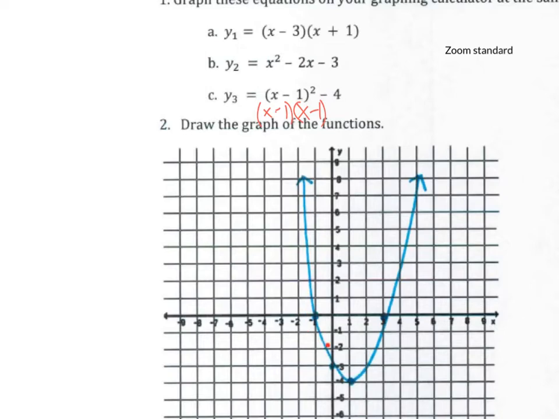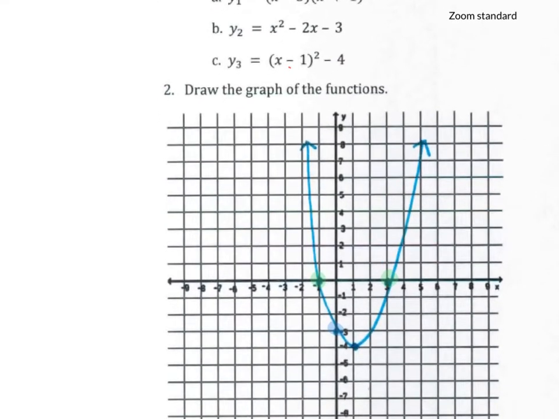Now we're going to digest some pieces of the graph and figure out how we could reverse engineer some information from these functions. So let's take a look at the graph. What do I know? Well, it hits the x-axis at 2 spots: (-1, 0) and (3, 0). So I have 2 x-intercepts at -1 and 3. I've got a y-intercept at (0, -3).